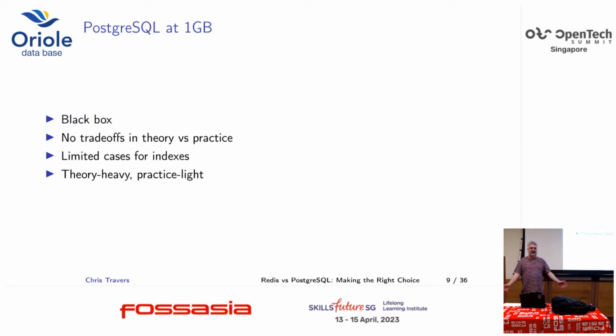You can sequentially scan through a gigabyte of data really fast, right? So at 1 gigabyte, typically we want to focus on learning how to do things correctly, make sure our data is properly normalized, and all the very basic things that we would learn from a purely mathematical perspective. We can look at the database here as just a math engine and nothing else, right?